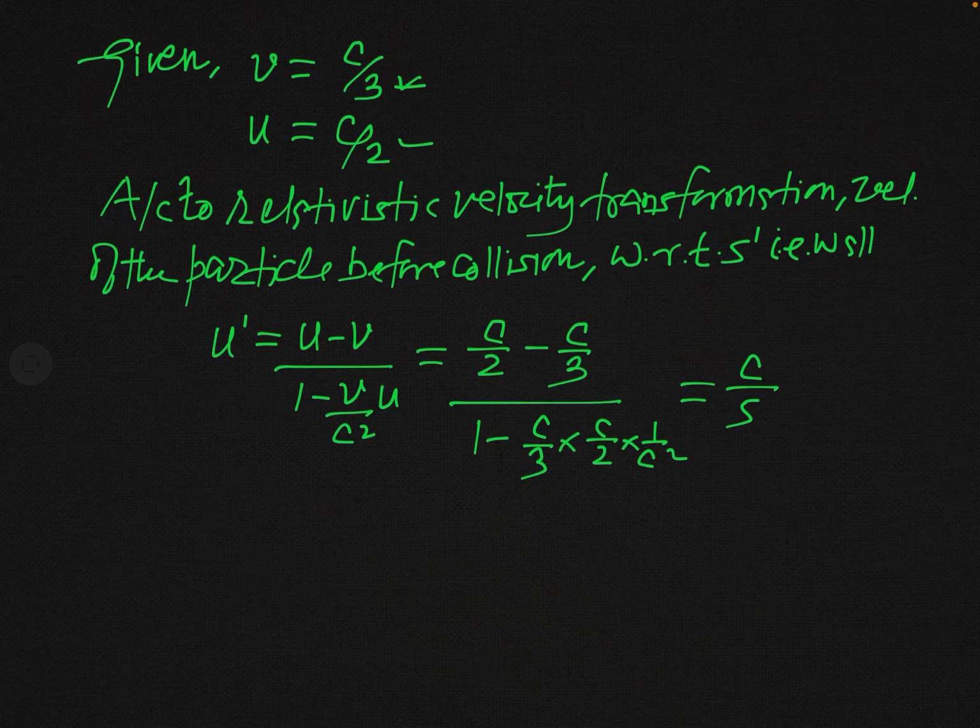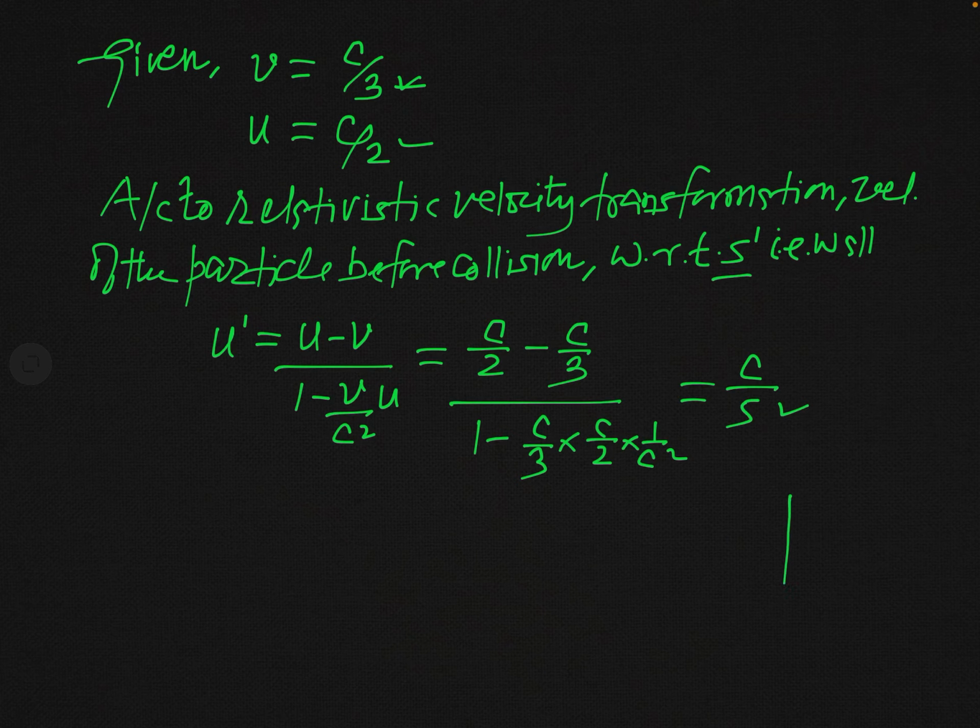So you can see that the observer situated on this wall will find that the velocity of the particle with which it is approaching the wall is not c by 2, but c by 5. Now we have to find the velocity after rebound.